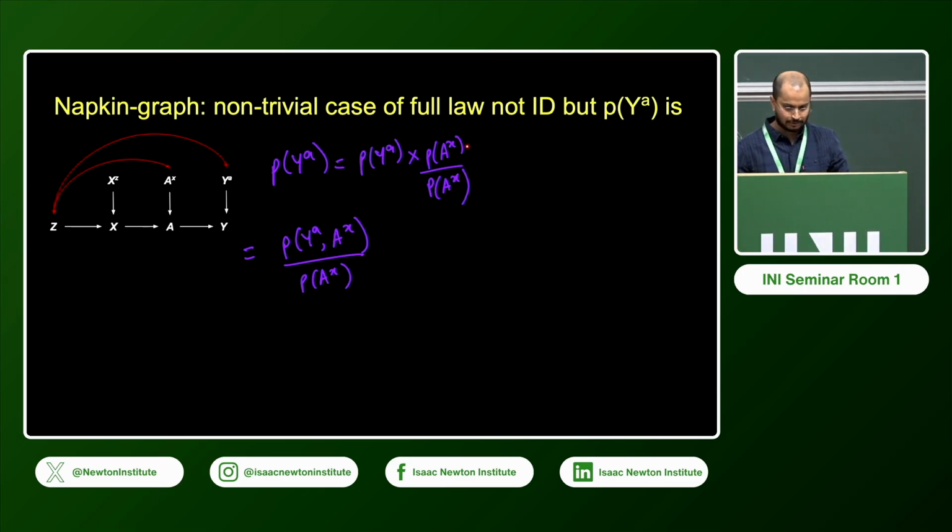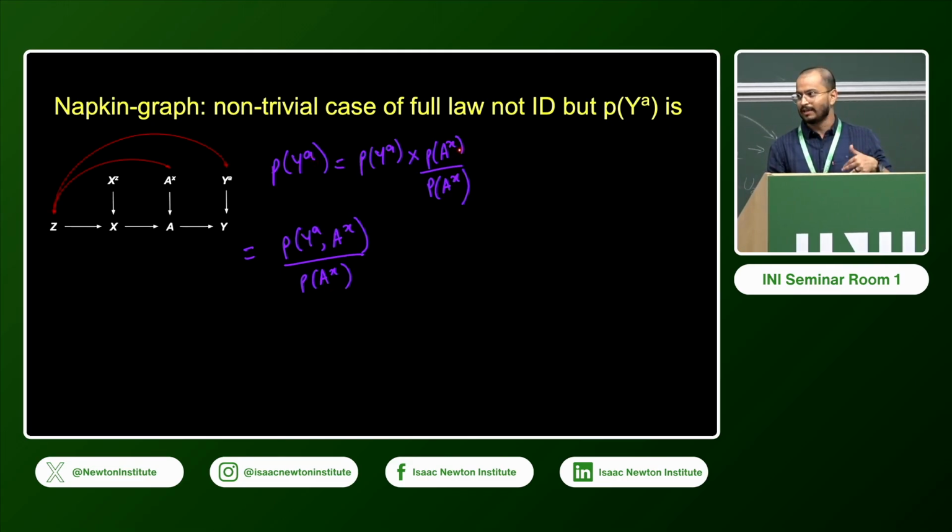And actually, to be a little bit more precise, since I'm going to be intervening and setting A to be equal to little a, let me also say that this isn't just any value for A(x). This is the value little a, so that I get little a everywhere over here. So now let's just focus on the denominator for a second.